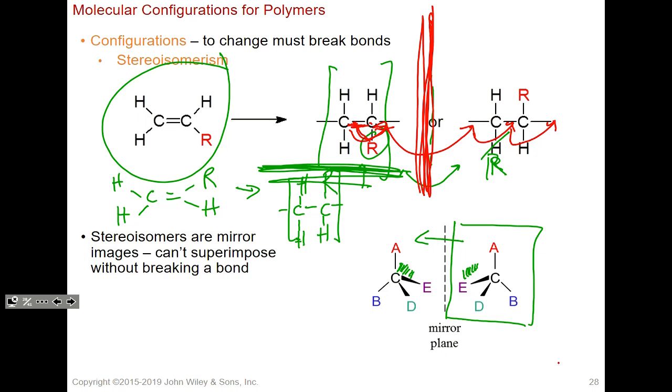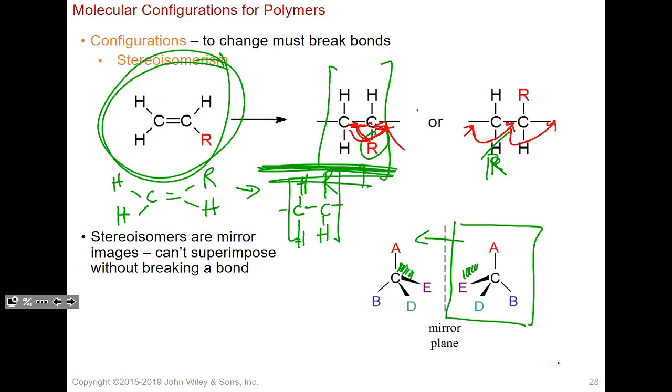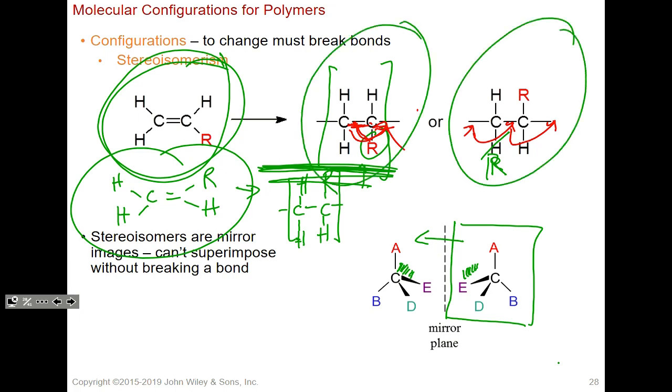So depending on where your R is, which isomer you have, that will dictate how they chain to each other. So let's say you have, somehow from the vendor, you end up with this, and you end up with this. If that's the case, then this is going to be a mer, and this is going to be a mer.